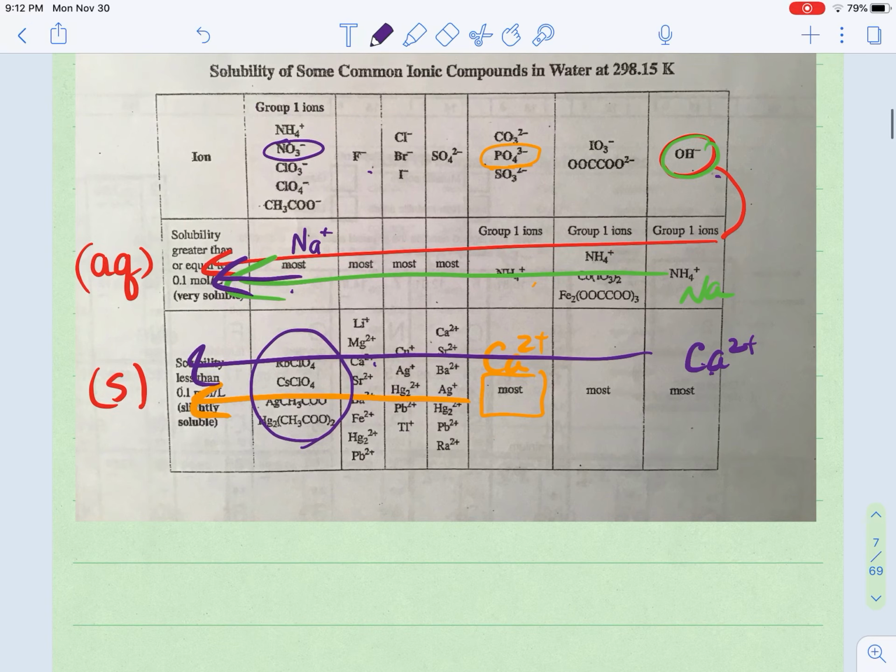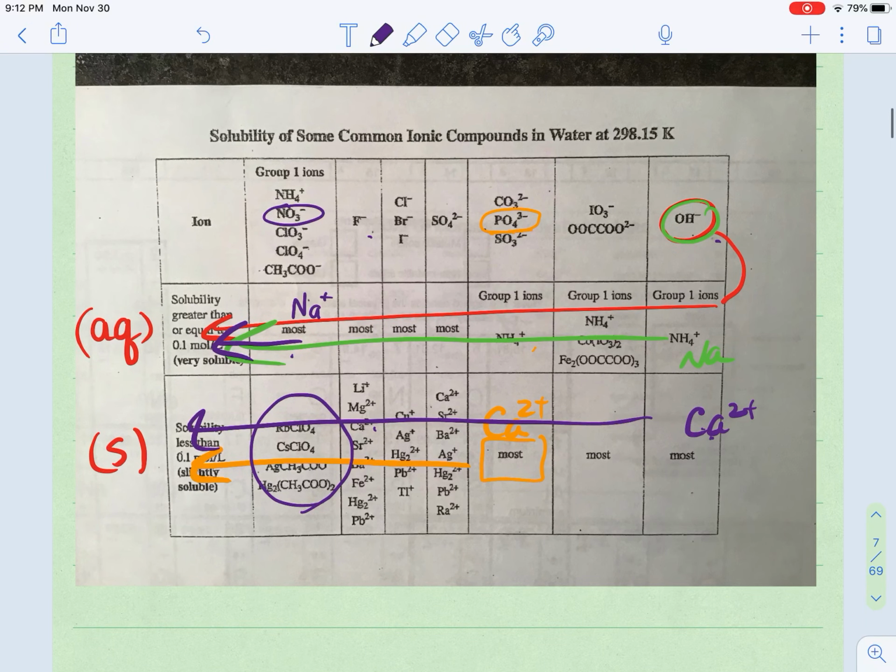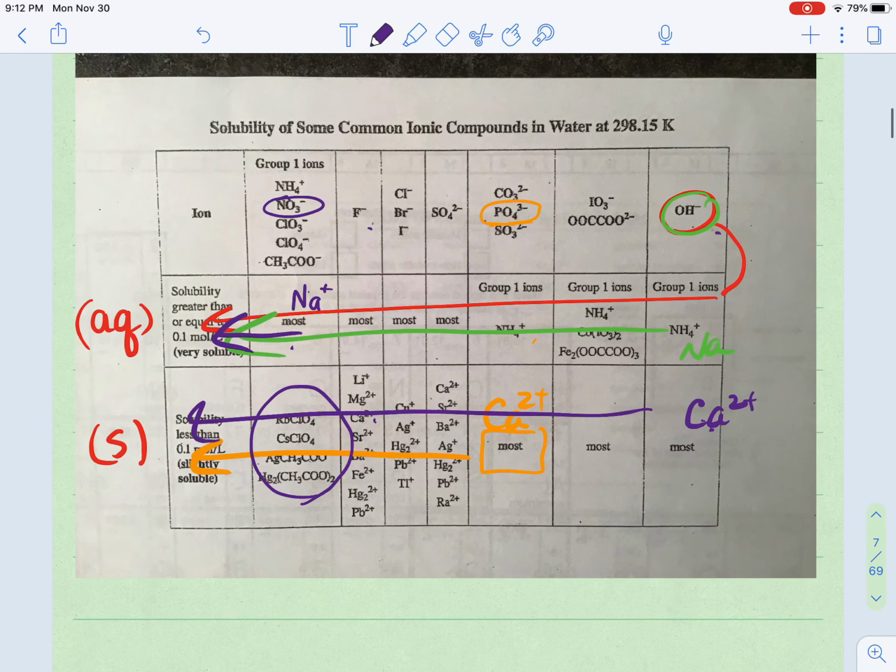Aluminum sulfate is our next one, and SO4 and aluminum with SO4 is going to be found somewhere.